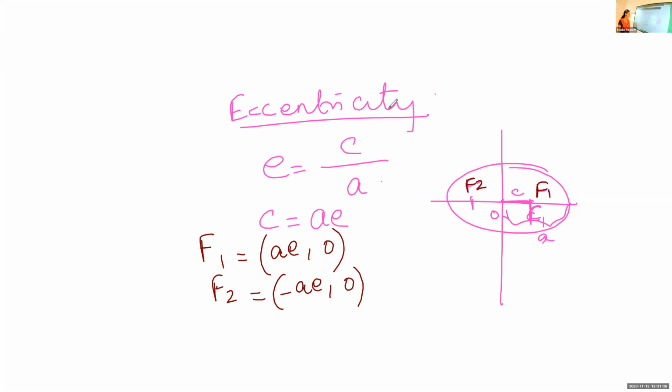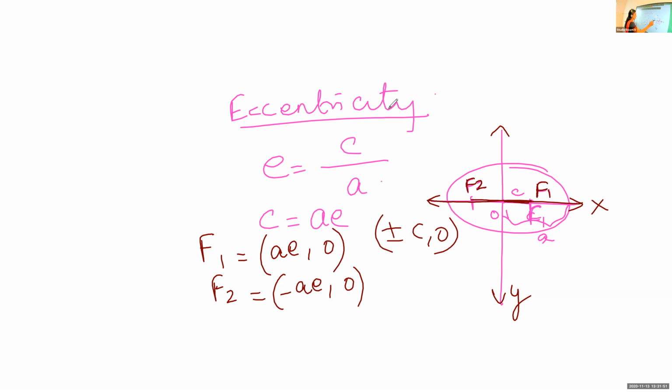This one side, this length is C. And what we will do, we will take the major axis through the center as the x-axis in standard form, and the perpendicular as the y-axis. So the foci take the form plus or minus C, 0.